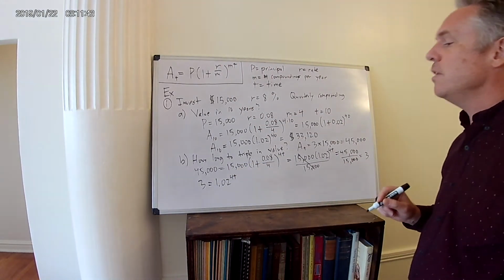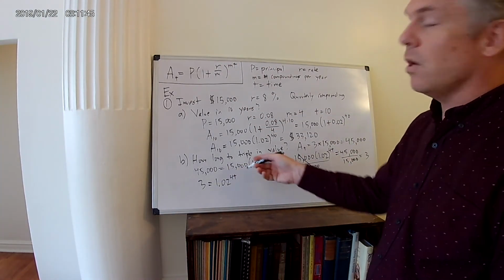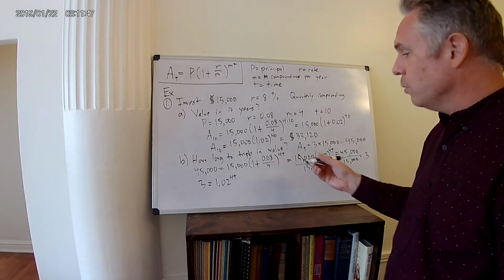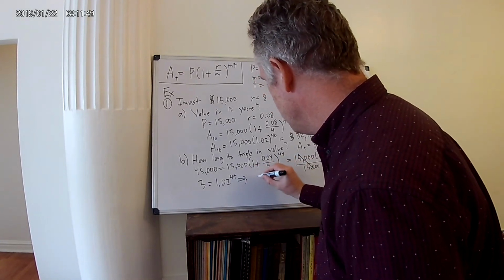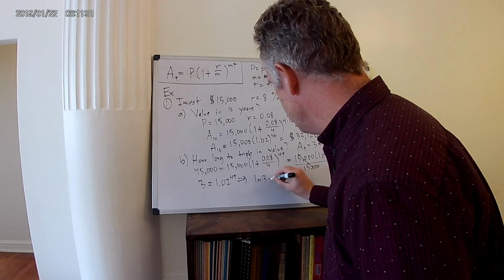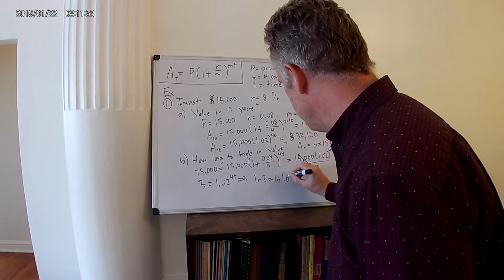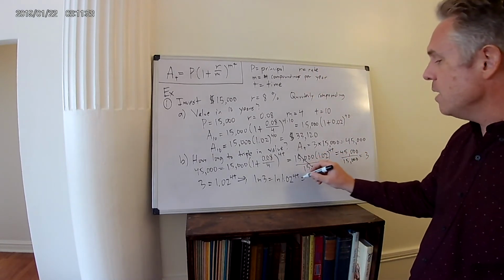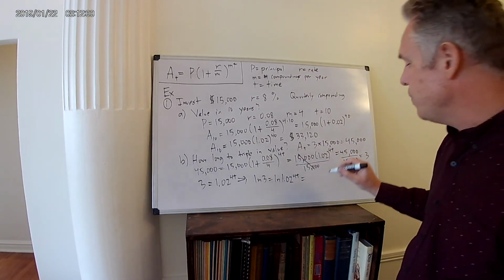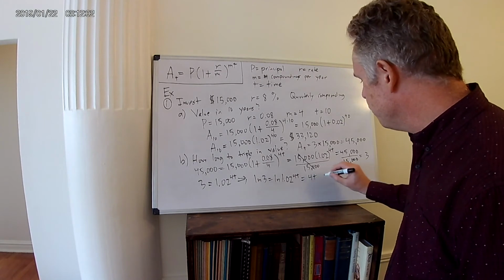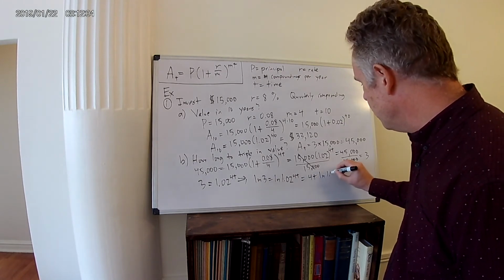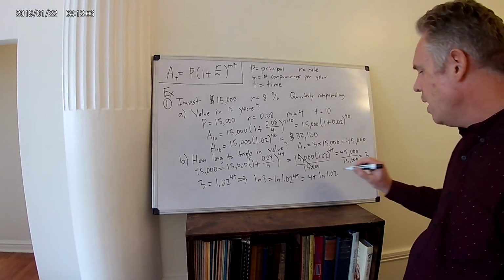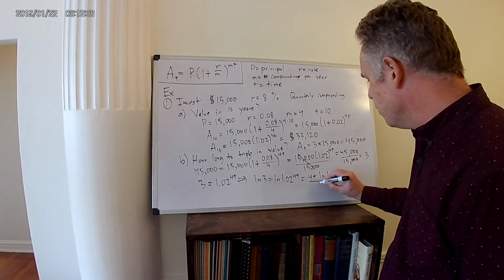And hopefully you see by now, I've done this enough times, the way to solve this equation is take a natural log of both sides. So we get natural log of 3 equals natural log of 1.02 to the 4t power. And we can now bring this power in front, as we always do. So this equals 4t times natural log of 1.02. I can now divide both sides of this equation by 4.